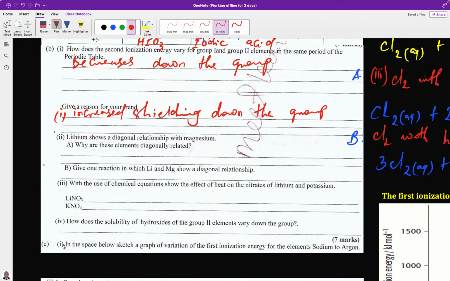Then we can say 2: decrease in attraction. The force of attraction between the nucleus and the valence electron decreases.